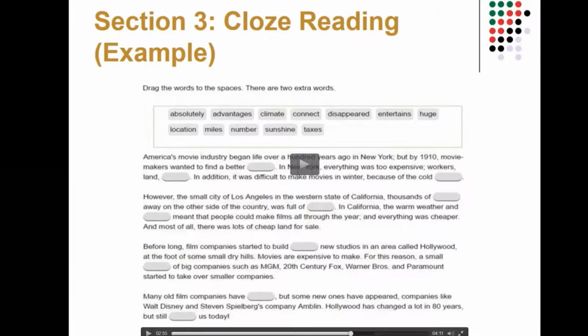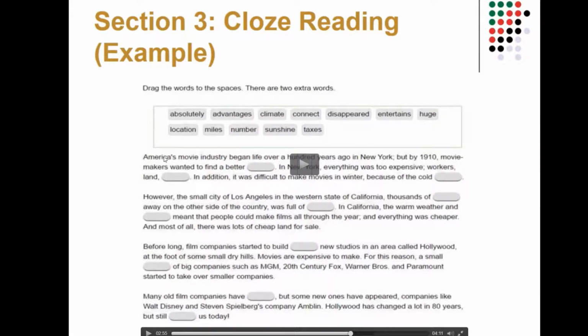Okay, Muhammad? All that you need for close reading, try to fill in the gaps with whatever suitable word you may think of. And after that, when you finish all, of course, you will be more sure about some words. And for the others, you can try to figure out if it's suitable for a place or not.